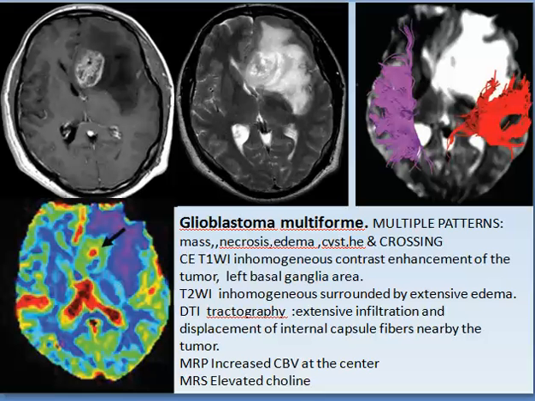T2 weighted images show the extensive vasogenic edema. Diffusion weighted images tractography on the right side up shows extensive infiltration with displacement of the internal capsule. This is the region of the internal capsule, this one, displaced by the tumor.